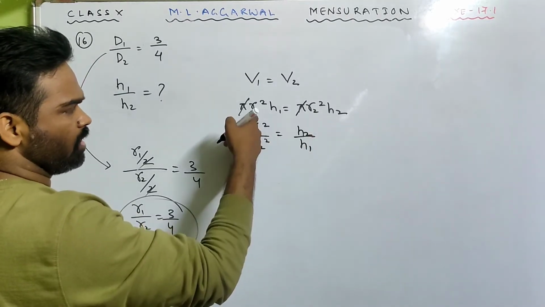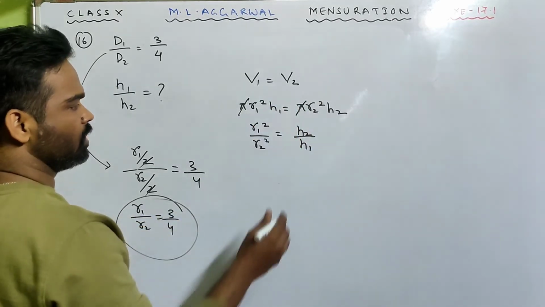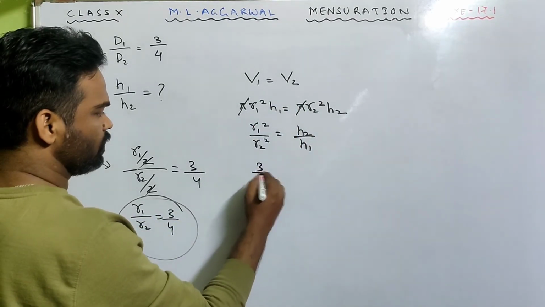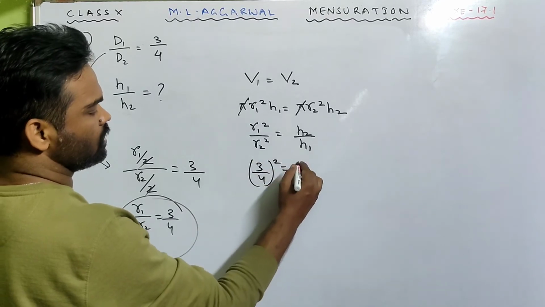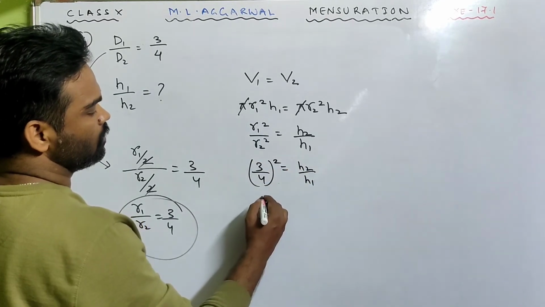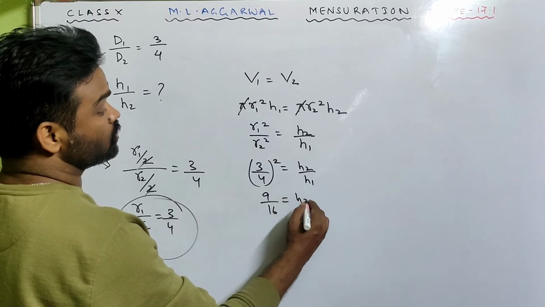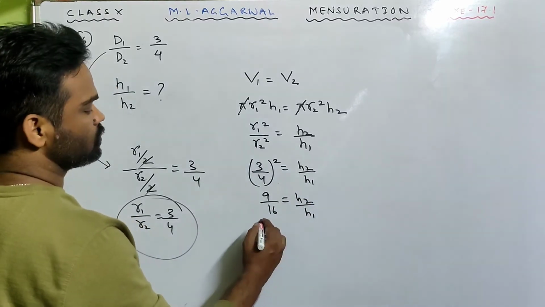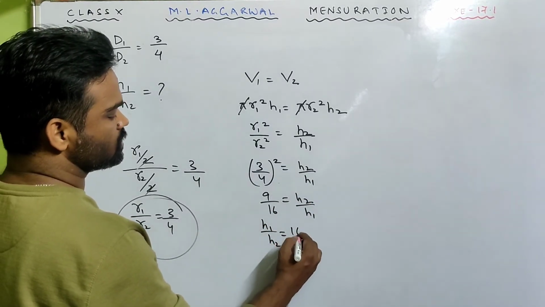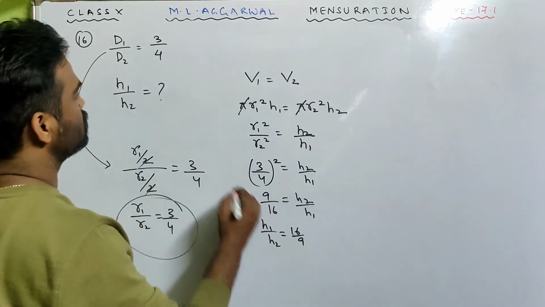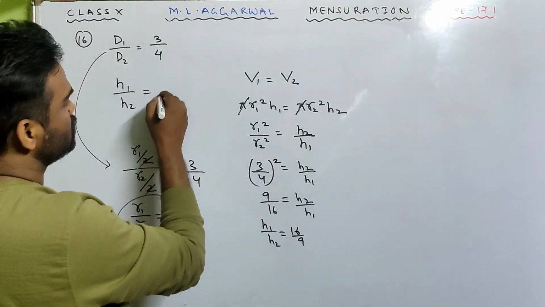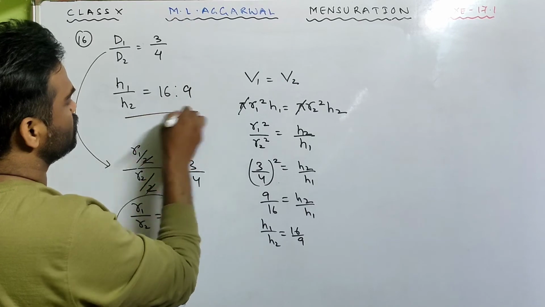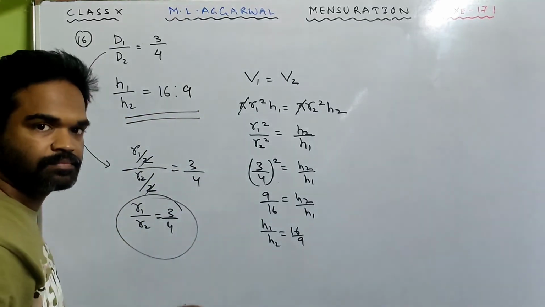R2 square, I've brought it over here. H1 goes over there. So R1 by R2 is 3 by 4. So 3 by 4 whole square is H2 by H1, which means 9 by 16 equals H2 by H1. So H1 by H2 is what? 16 by 9, which means the ratio H1 by H2 is 16 is to 9.